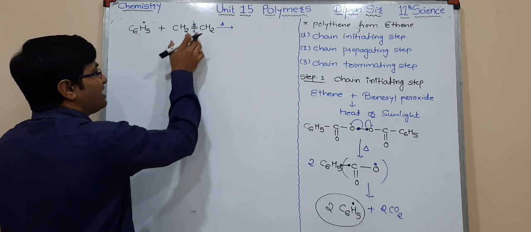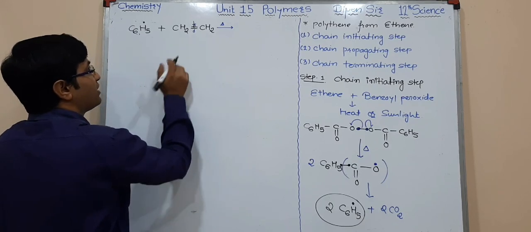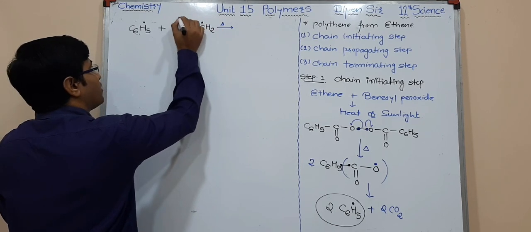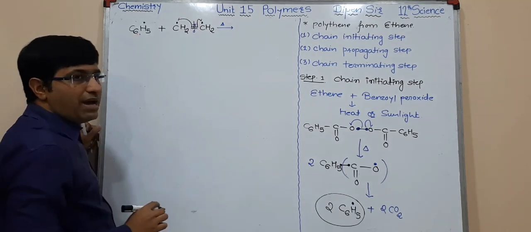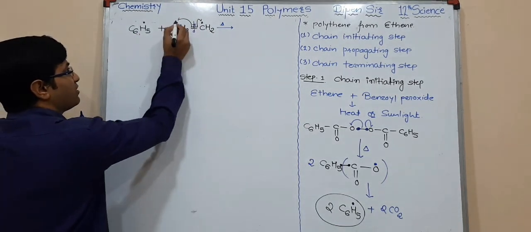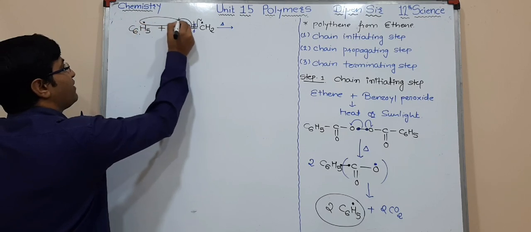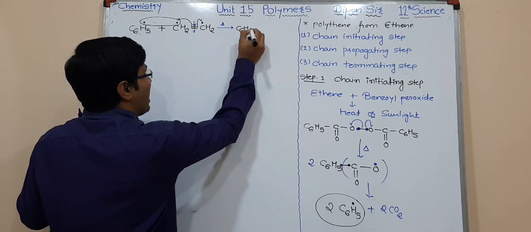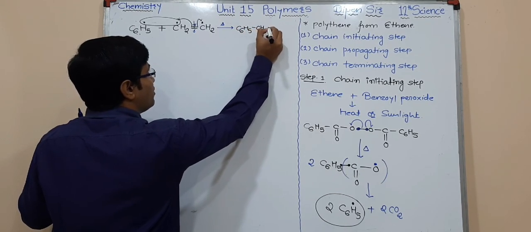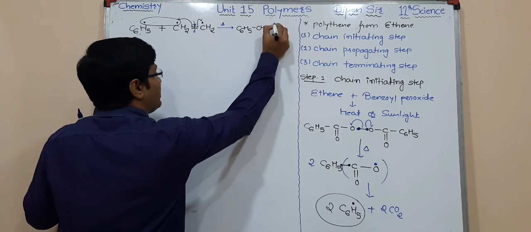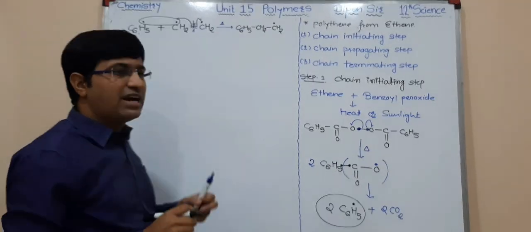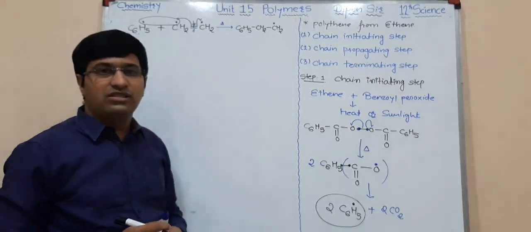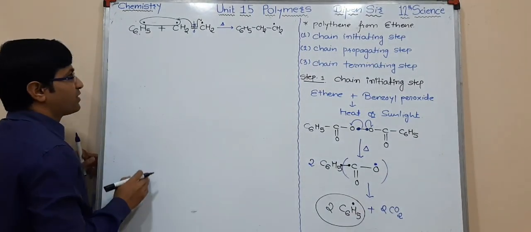That means homolytic cleavage of the ethene monomer takes place. Both carbons receive their electron through breaking of the pi bond. This electron makes a bond with the phenyl free radical and they produce C6H5 CH2 CH2 free radical. As we are aware, a free radical reacts with a free radical and forms the first free radical.